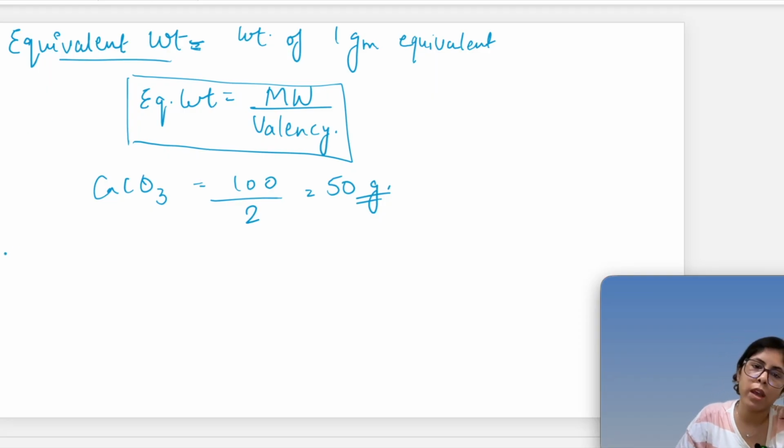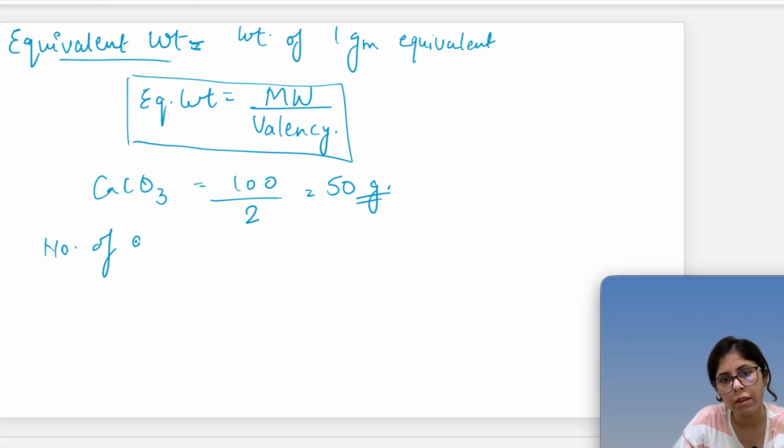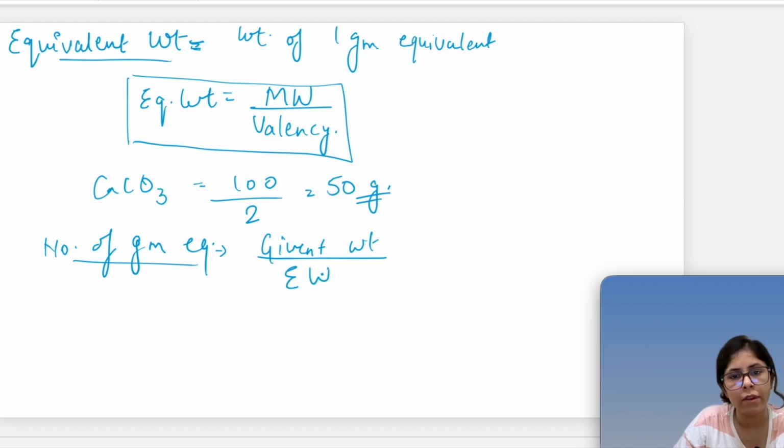If I want to calculate the number of gram equivalents, it's nothing but the given weight divided by the equivalent weight.